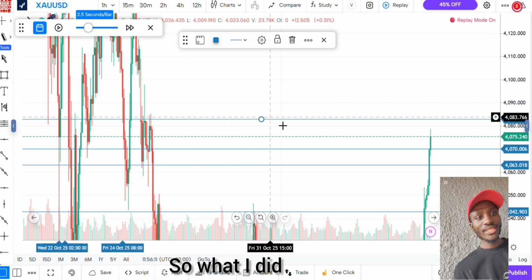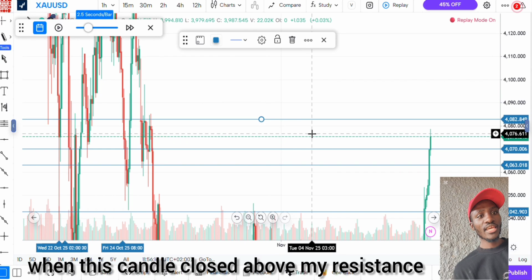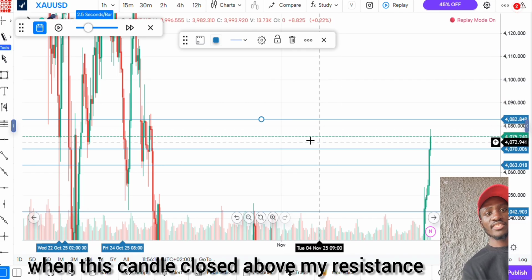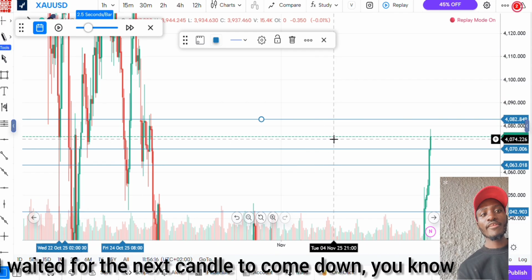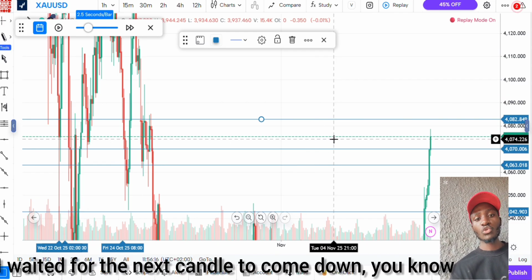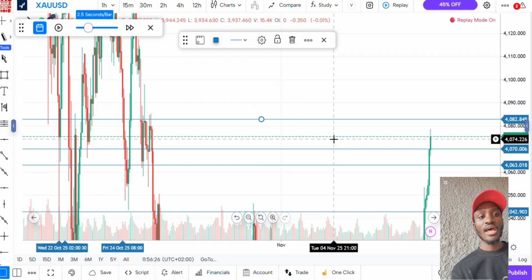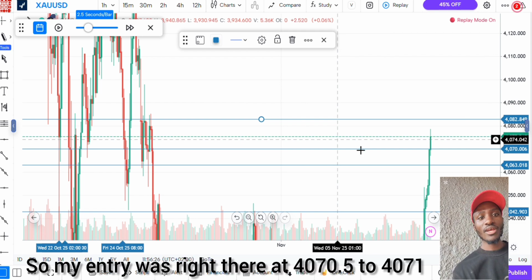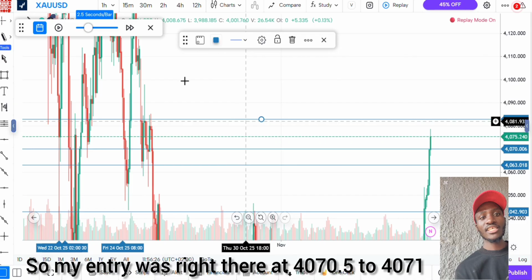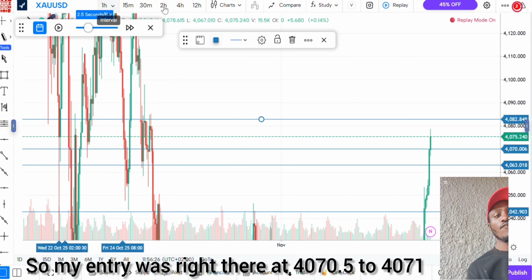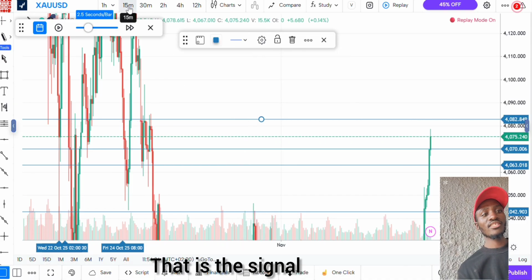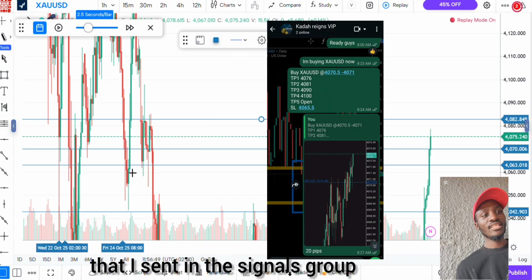When this candle closed above my resistance, I waited for the next candle to come down to create a bottom wave. Then my entry was right there at 40.705 to 40.71. That is the signal that I sent in the signals group.